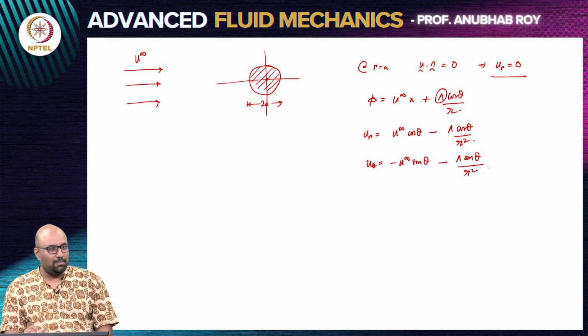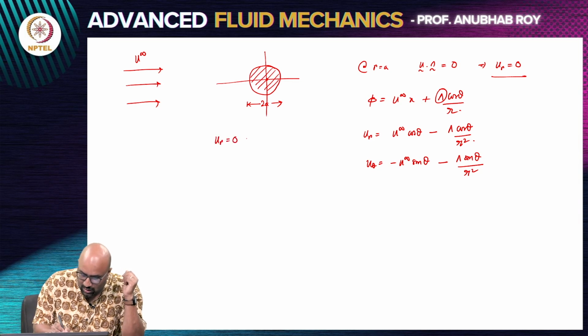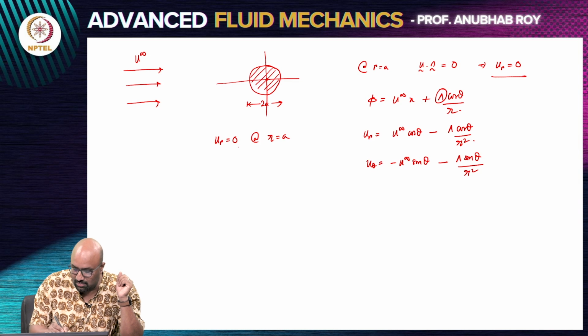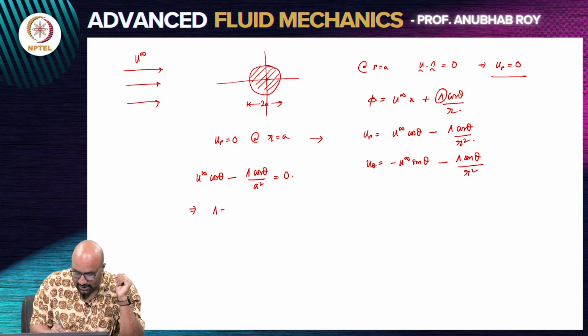So, now let us apply the boundary condition. The boundary condition is u r is equal to 0 at r equals a. If I apply it here, I get u infinity cosine theta minus lambda cosine theta by a square is equal to 0, which tells me that lambda should be u infinity a square.